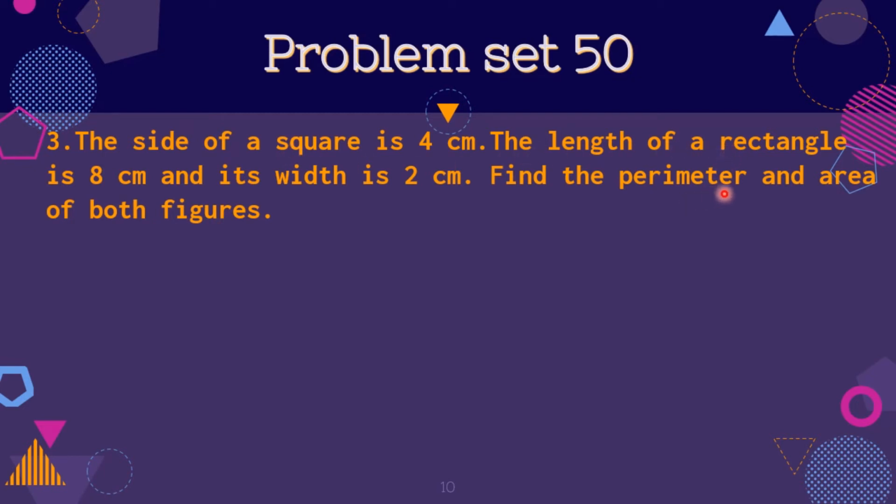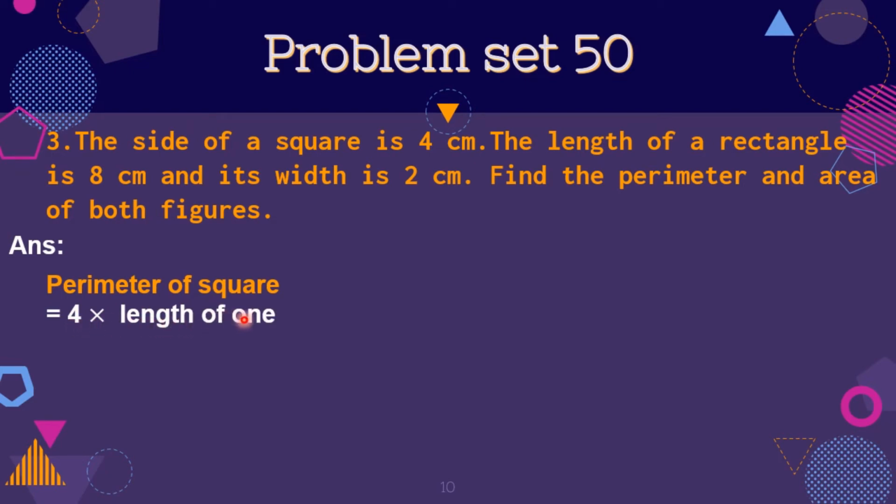So first, let us find out the perimeter of the given square. We have perimeter is equal to 4 into length of one side. We have length of one side of this square is 4 centimeter. So we write 4 into 4, which is equal to 16 centimeter.